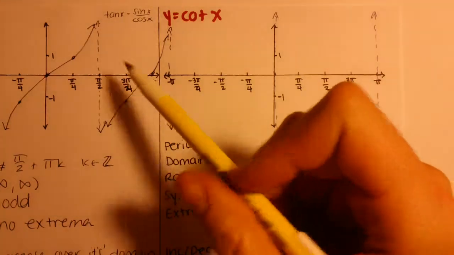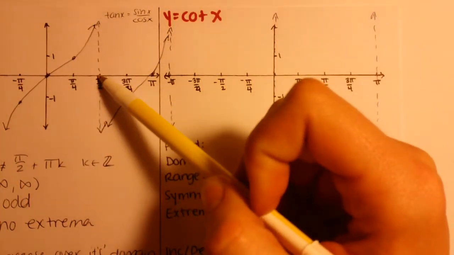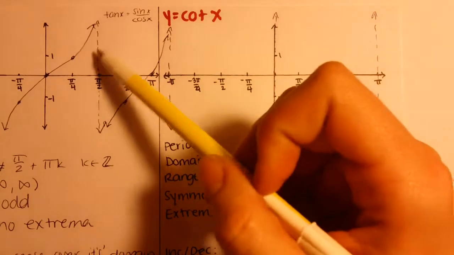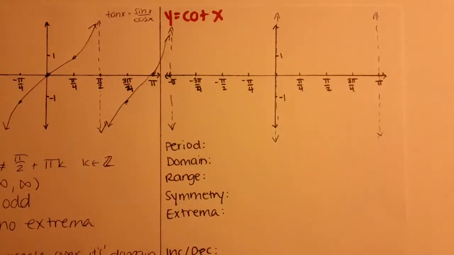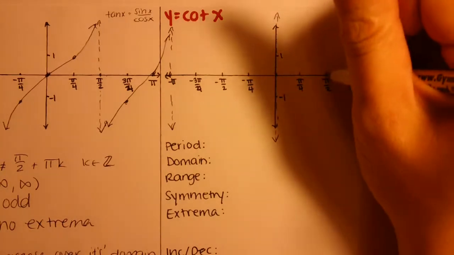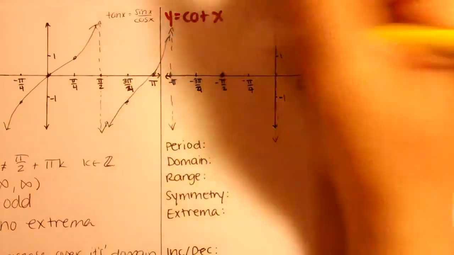Now, likewise, wherever the tangent function was undefined, where there was an asymptote, this was 1 over 0, we're now going to cross the x-axis and we'll have 0. So we'll have 0 at pi over 2 and 0 at negative pi over 2.